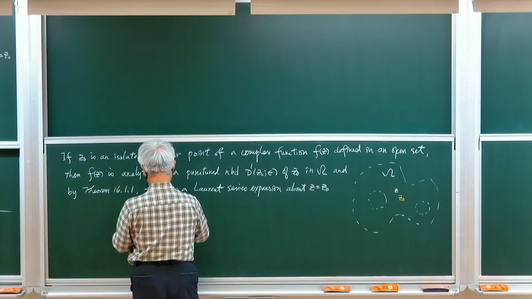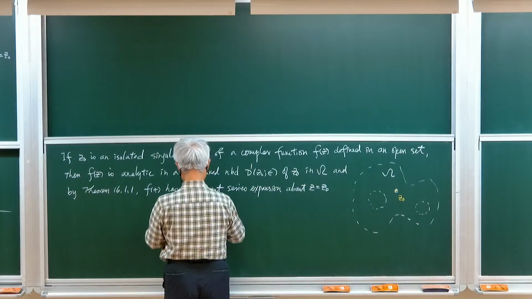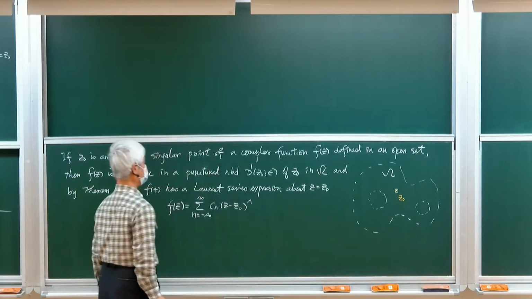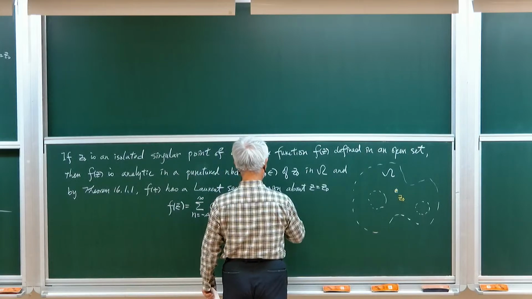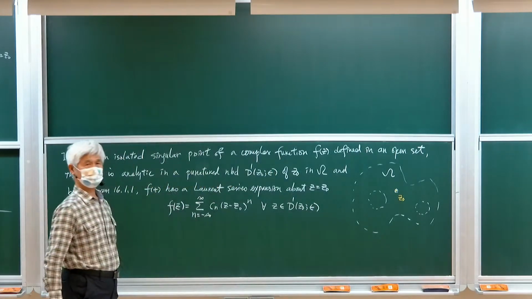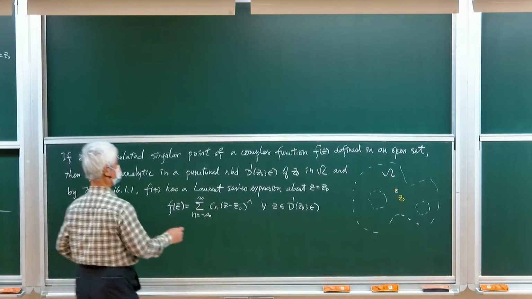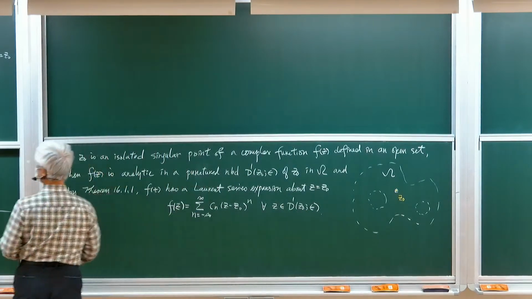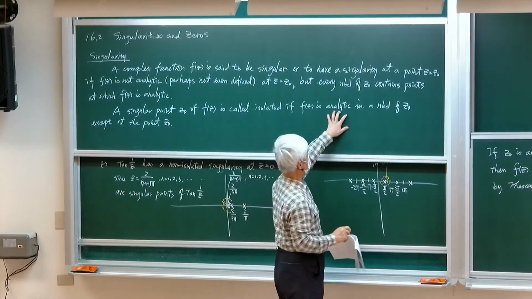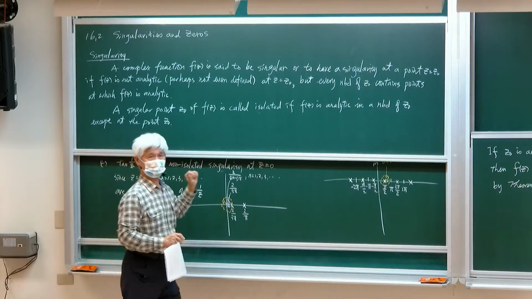Okay, and this is the definition of an isolated singular point, because f of z is analytic in a neighborhood of Z0 except the center, except this Z0.